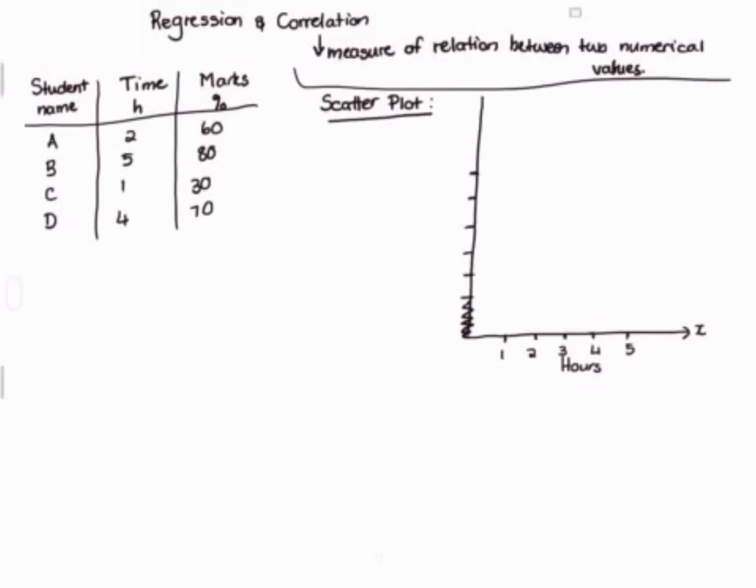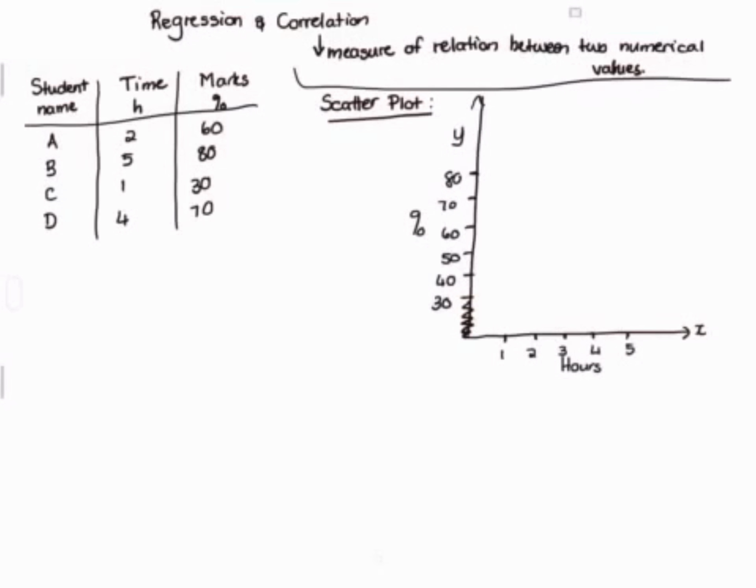So then I put a little zigzag there to say, okay, this part wasn't to scale, but from now everything is going to go up in 10%. So if your numbers start high and you don't want a whole long piece here at the bottom, then you can do that. So this is marks in percentage.